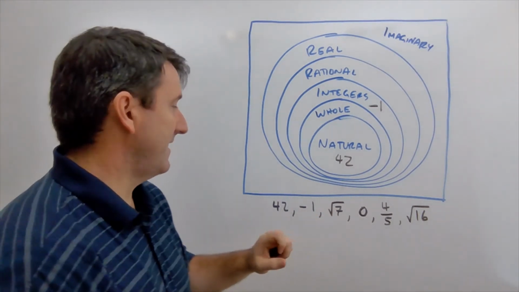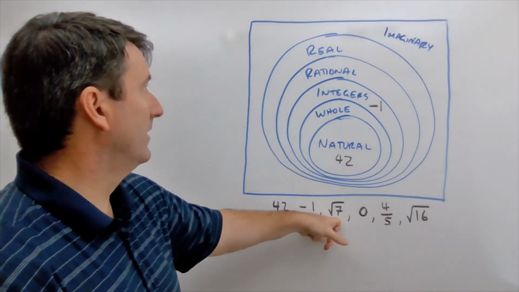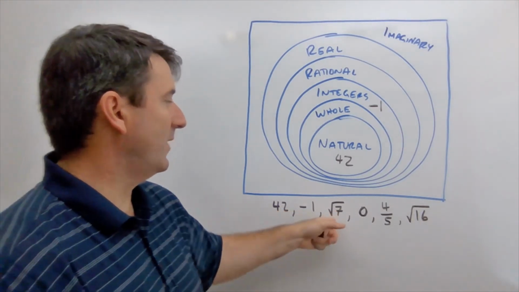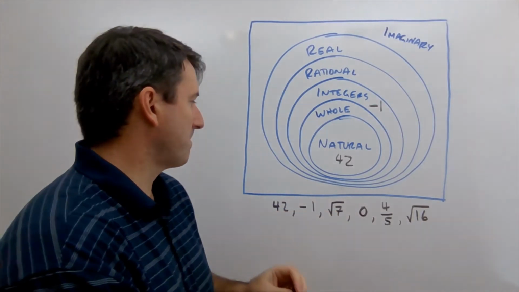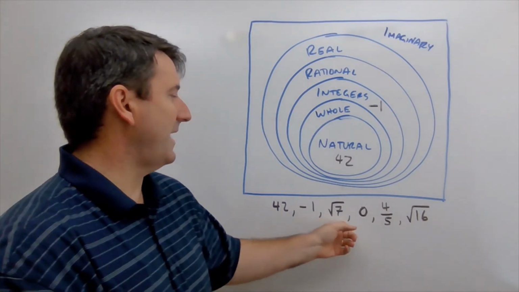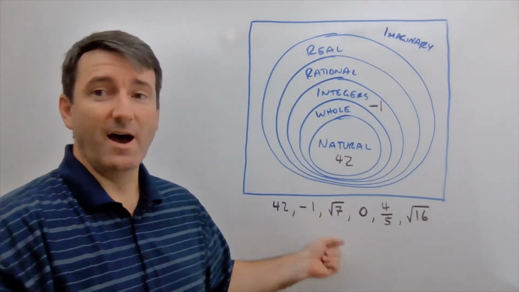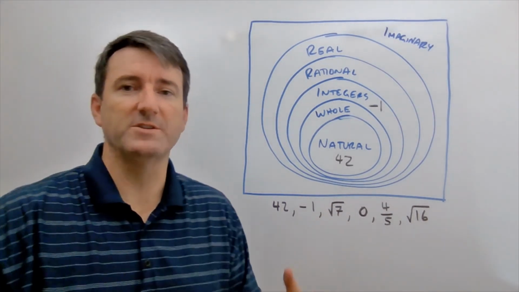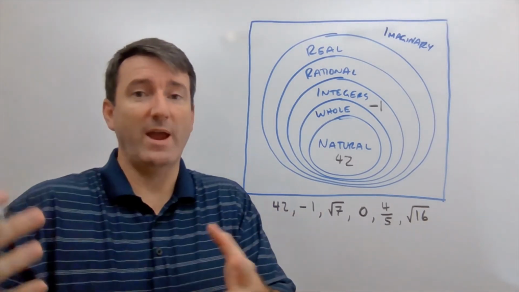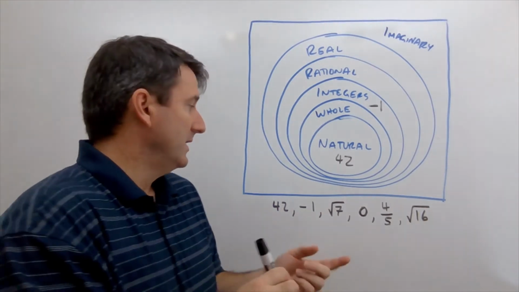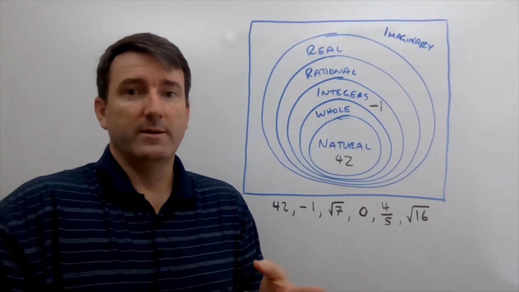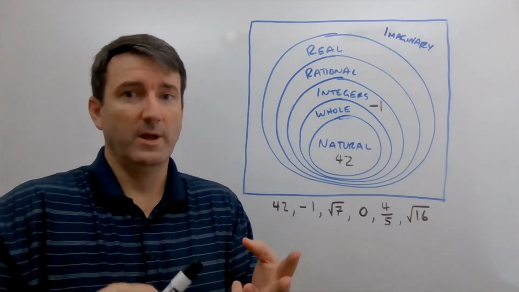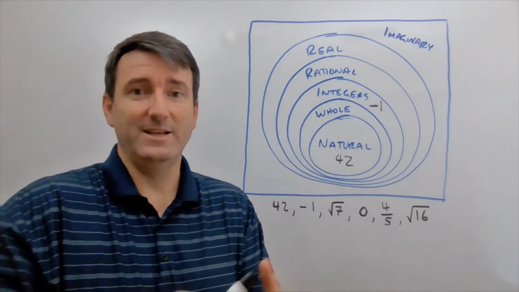Next, square root of 7. So for square roots, if you have a number that is not a perfect square, so a perfect square would be something that is the square of a whole number. So 1, 4, 9, 16, 25.